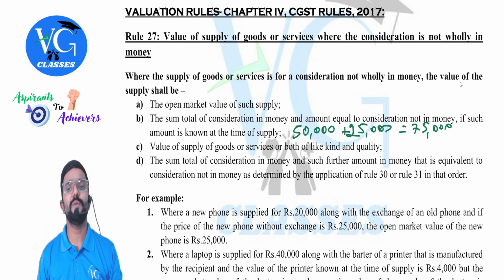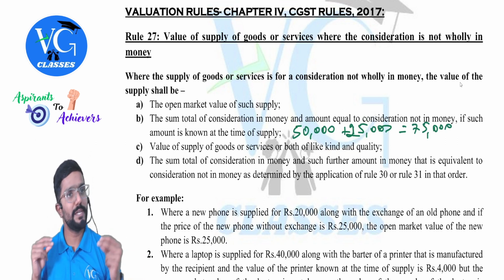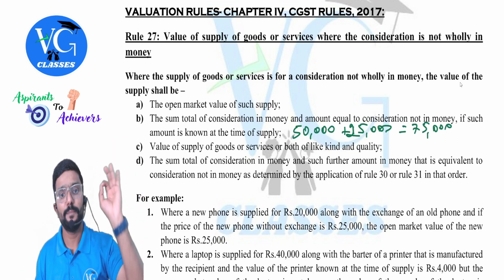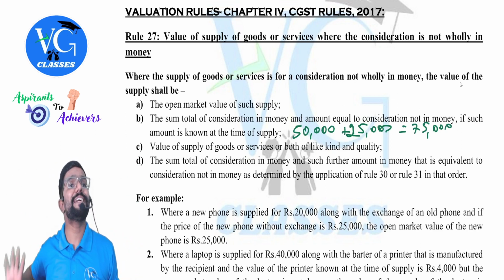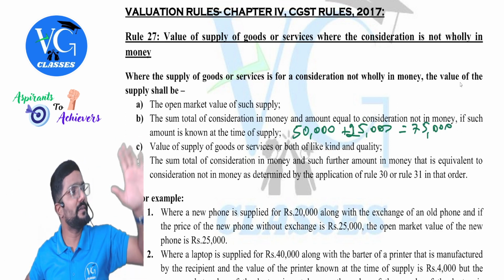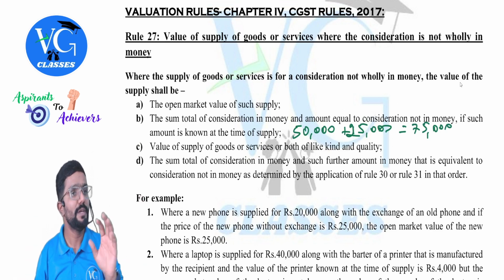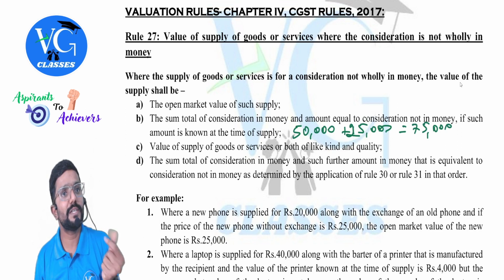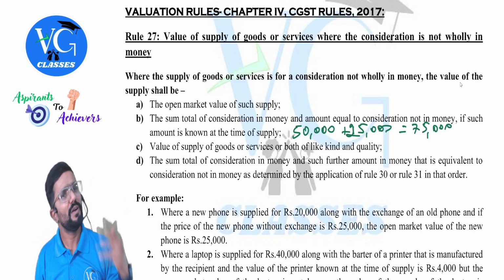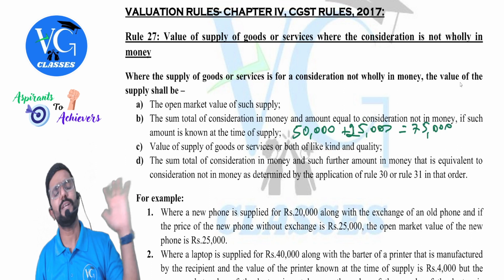Okay, sir. Second one is the sum total of consideration in money, which is 50,000 in my example, plus an amount equal to consideration not in money. How much is that? I am taking it as 25. Now the supplier has to check. I received 50,000 cash. Okay, good. Remaining, he got a laptop. What is the value of that laptop? He is valuing it at 25 or 20 or 15, whatever value you want.